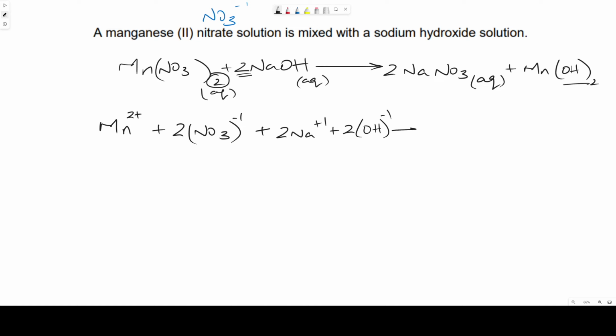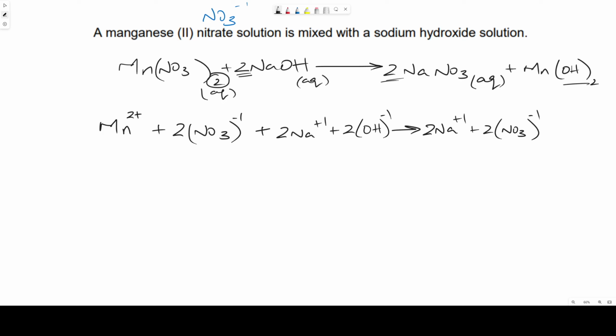All in all, be careful for that 2, it becomes 2Na+ plus 2NO3-. Running out of space, but it's okay.